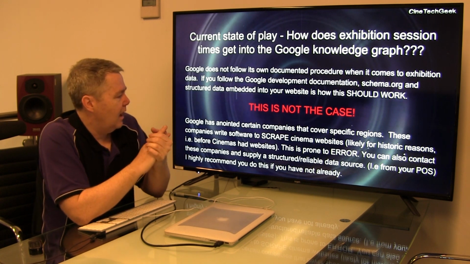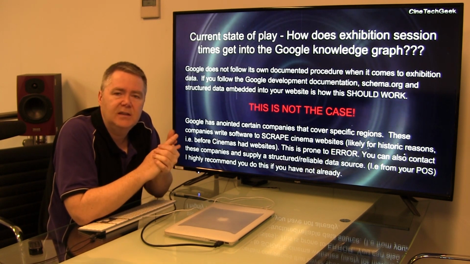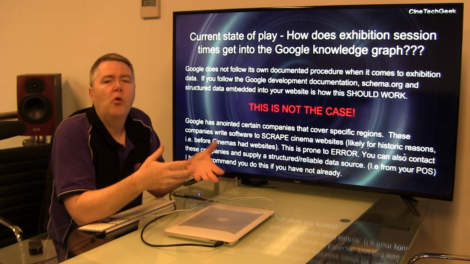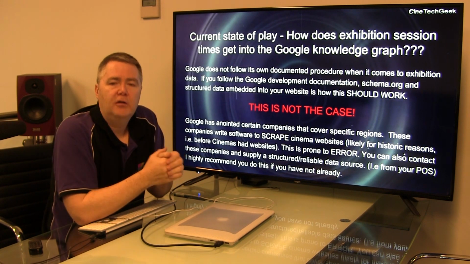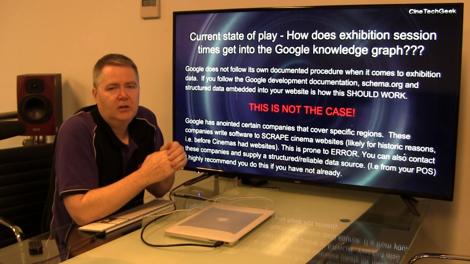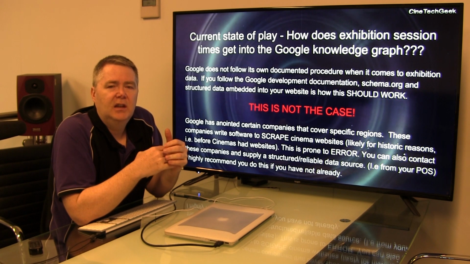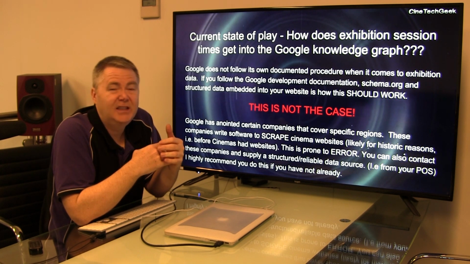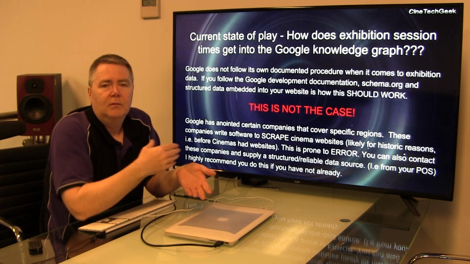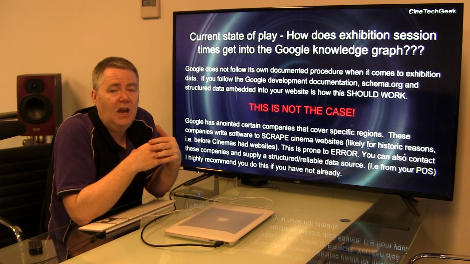I was a bit angry about that, because I was hoping to make this plugin open source, because I think this is an important part. I don't make so many videos these days for CineTechGeek, so my contribution these days is trying to bring some of this innovation and technology and moving with the times to allow cinemas to take advantage of some of these things and how they happen.